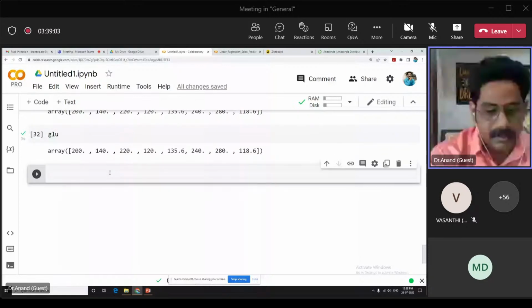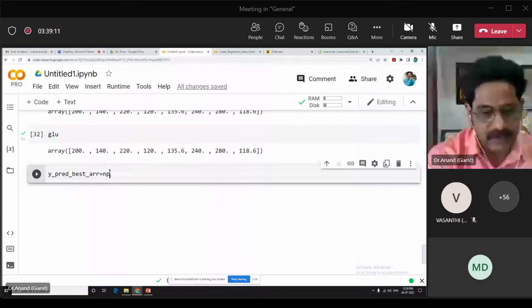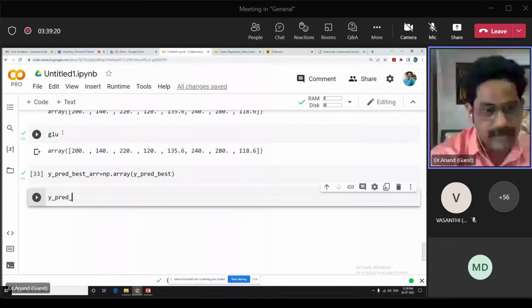this is your y pred best, equivalent to np dot array of y pred best. So your y pred best is being stored in array format.